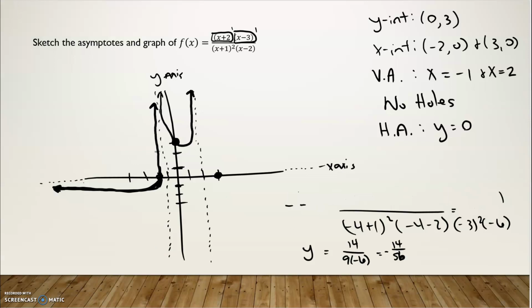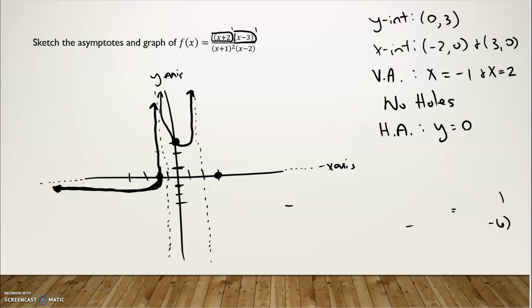Now this next one, we know that the multiplicity is 1 for 3, so we know it's going through. Now I know it's not doing this right here, and I don't have to plug in a number. You can, but you don't have to, because I know that there's not another horizontal asymptote. Okay, so it's not doing this right here, right?